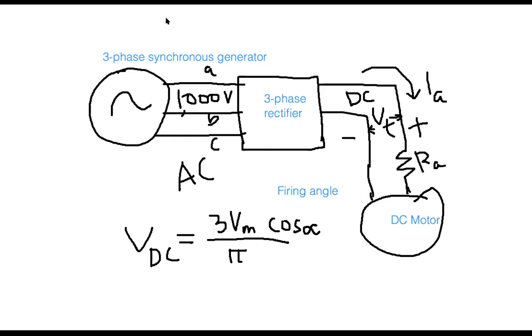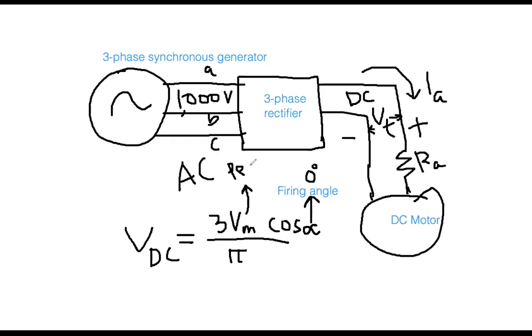The statement says it is 0 degree, so the firing angle is 0 degree because it is called the full conduction. Now Vm is your peak voltage.